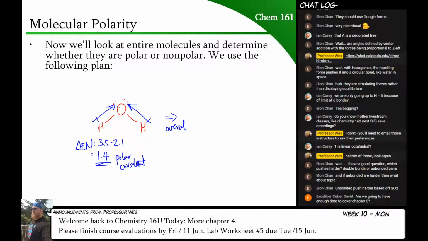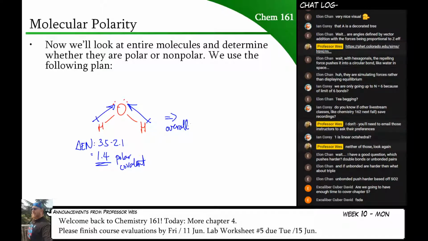What we're going to do tomorrow is assign an overall polarity by doing vector addition. I'm going to show you how to do it graphically. We're not going to do it mathematically.